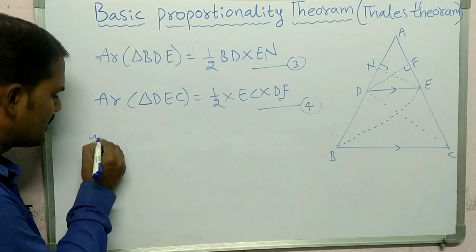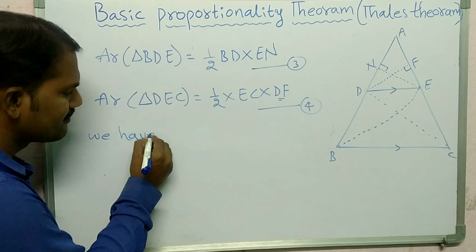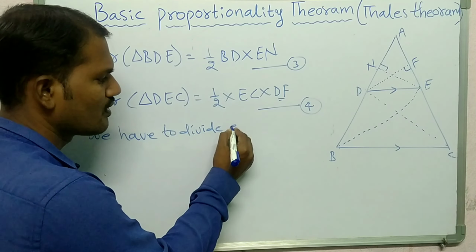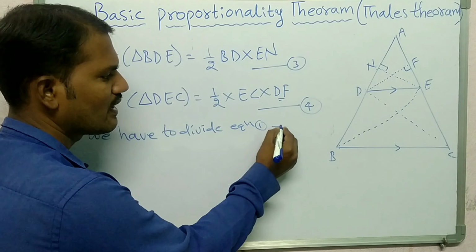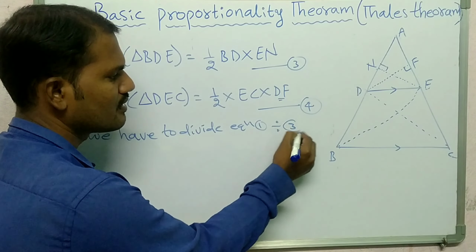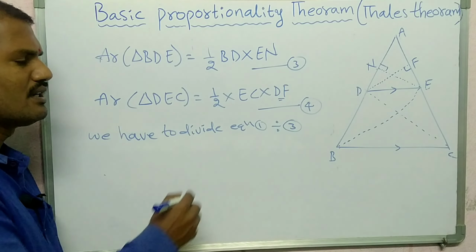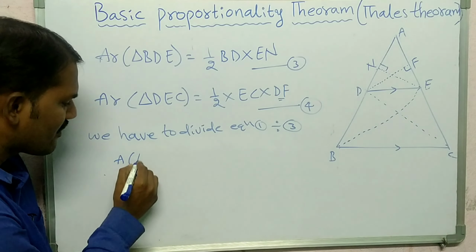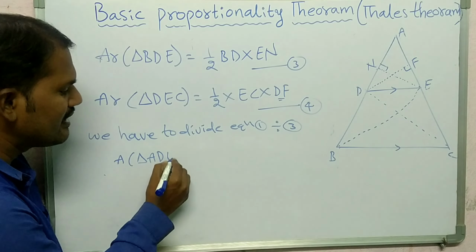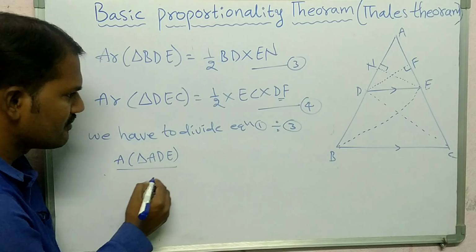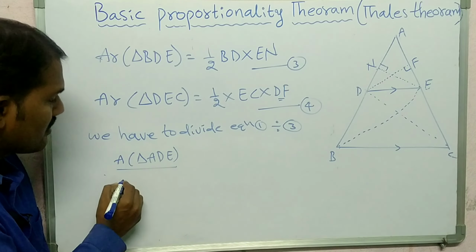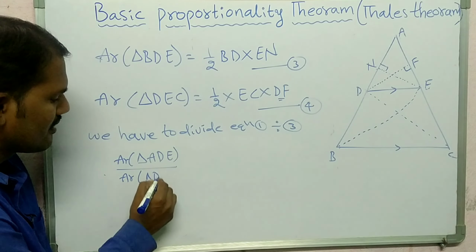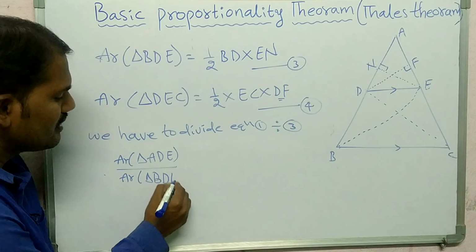So here, children, we have to divide equation number 1 by equation number 3. Equation number 1, area of triangle ADE, by equation 3, area of triangle BDE.